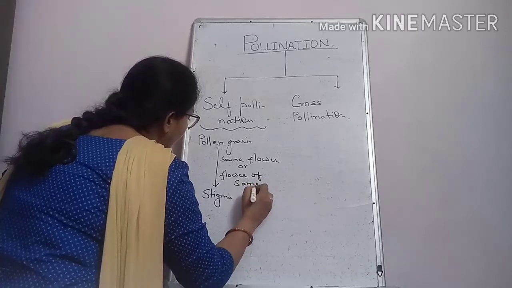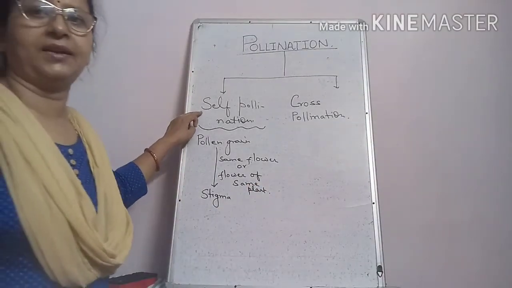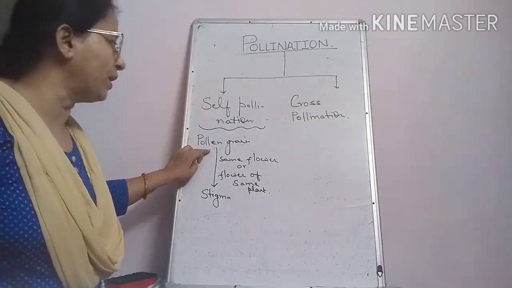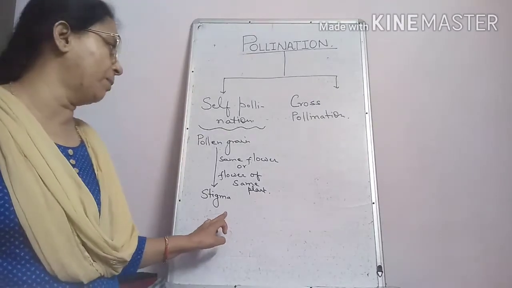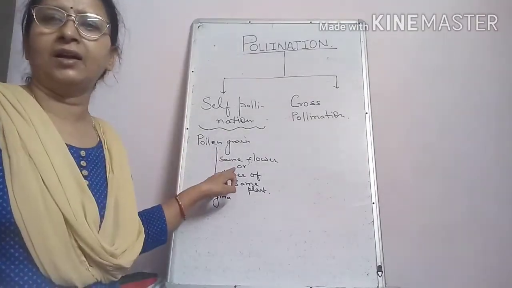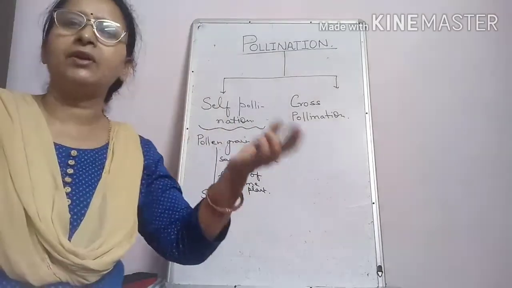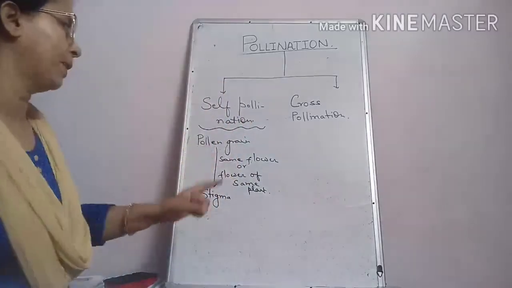Then it is called self-pollination. That means in self-pollination, pollen grain must be transferred from anther to stigma of the same flower or a flower of the same plant. It may be transferred to another flower, but it must be of the same plant.